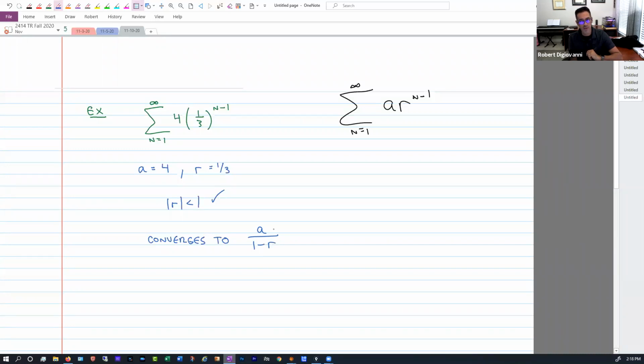Right, that's what it converges to. We just derived that formula. So that means for us, it would be 4 over 1 minus 1/3, which would mean 4 over 2/3, which would mean, is that right? 6. It converges to 6.